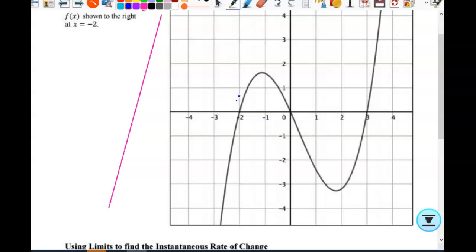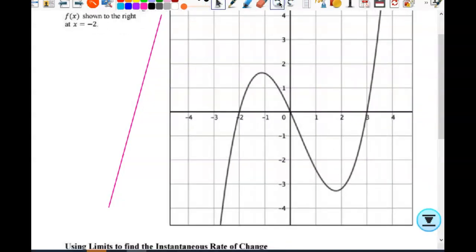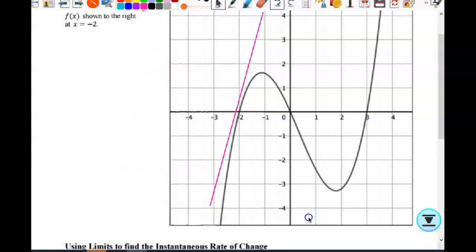So when I did this, and I did this before y'all came in because I figured it would take me forever on this board, and it kind of did, moving these things is not as easy as it might seem. When I did it, I was able to make it go through here, sort of. Something like that.